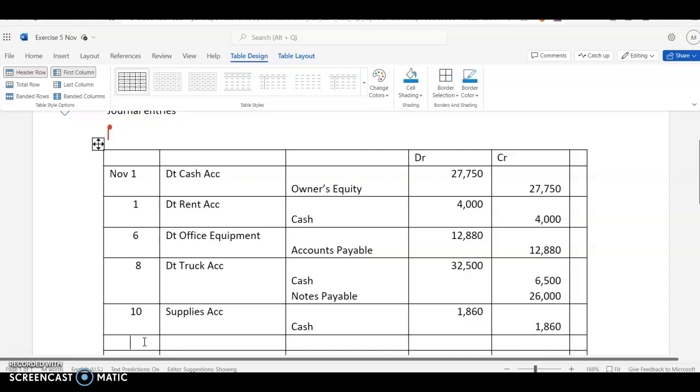Next one is number 12. So what happened with number 12? Receive cash for job completed.